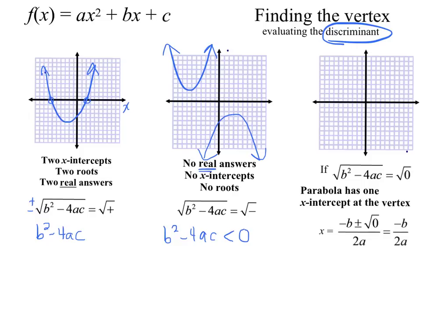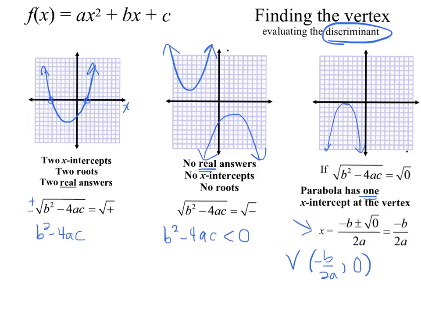What happens when the discriminant is equal to 0? Well, we can look at this example right here, and I've done the entire quadratic formula, but the discriminant is equal to 0. Well, the square root of 0 is 0, and so I'm just left with the opposite of b over 2a as the x value when y is set equal to 0. Well, this ends up being the vertex because I only have one x-intercept, and that one x-intercept has to be the vertex point.